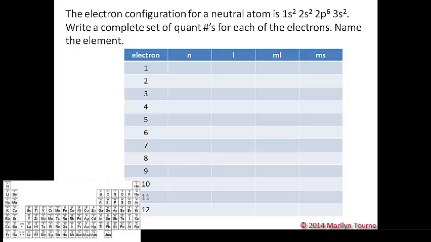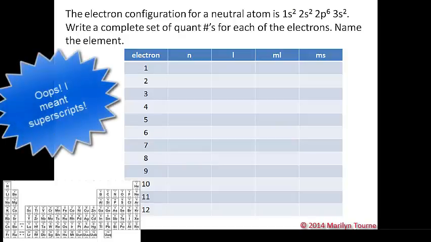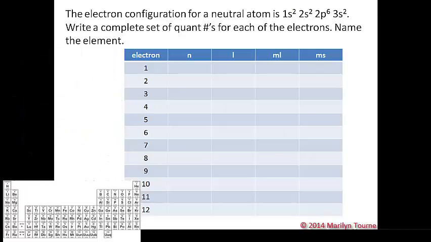So we have to figure out what the addresses are for each of the electrons in this atom. If you count up all the subscripts, you'll see that there's 12 electrons. That's why I've put 12 rows. So we have to find the n, the l, the m sub l, and the m sub s for each of them. I'm going to go through this pretty quickly, so just pay attention.